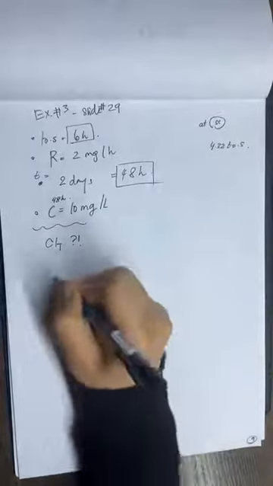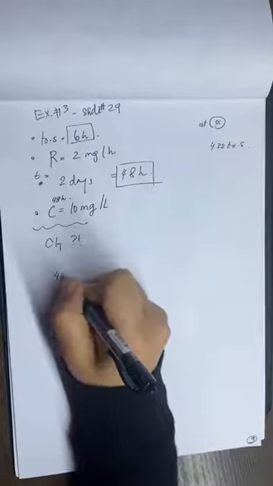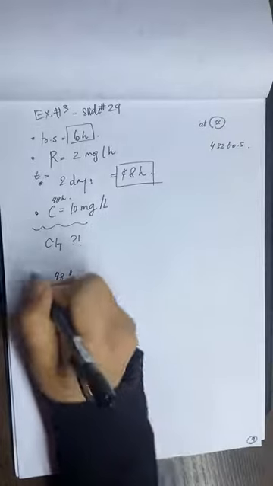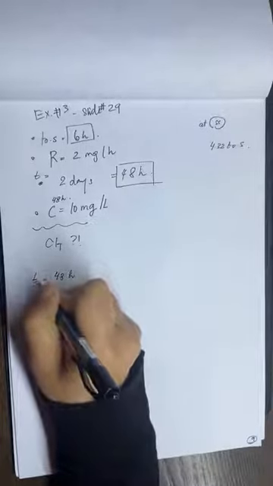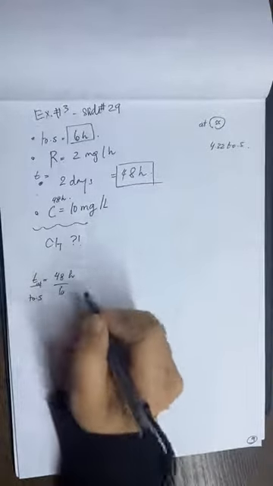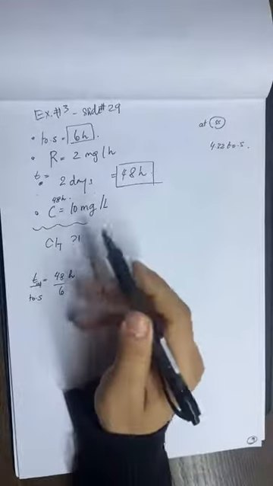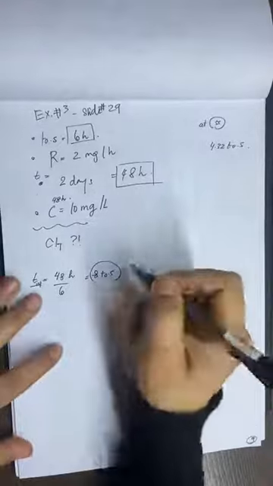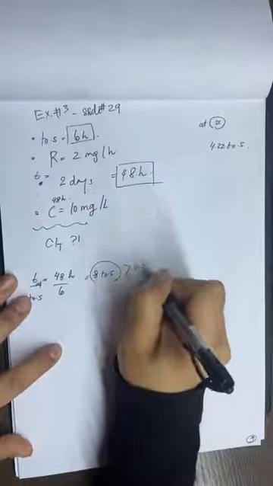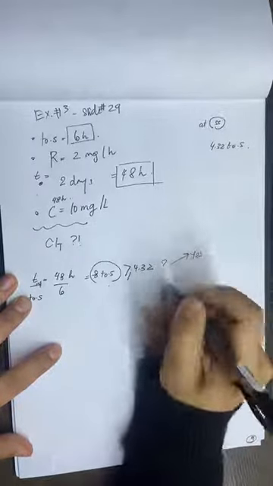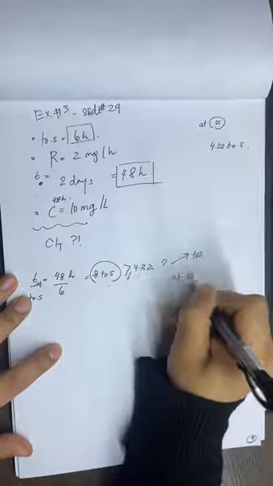Time, right? 48 hours, the infusion time, which we stated as 2 days, over half-life, which is 6 hours. This means that we have 8 half-lives. Is it more or equal 4.32? Yes. So it means that we are at steady state.